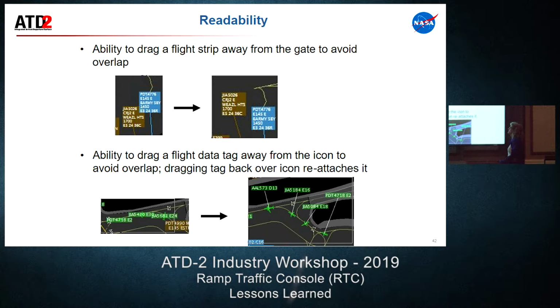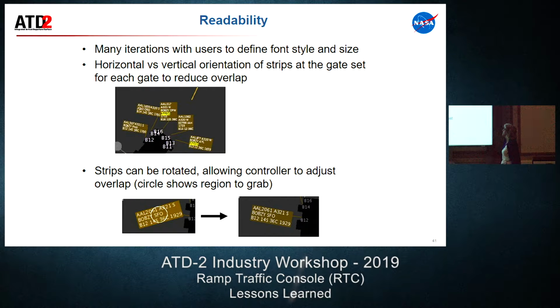So having horizontal versus vertical orientation allows the controllers to see the same amount of data within a smaller space, so they can still see all the data without it overwriting each other.